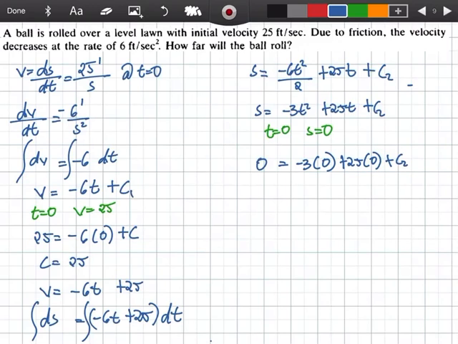C2 because C1 was our first constant. C2 is equal to 0. So our main formula for distance is S equals negative 3t squared plus 25t.